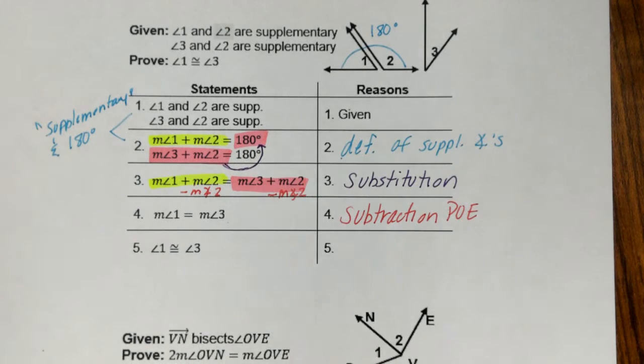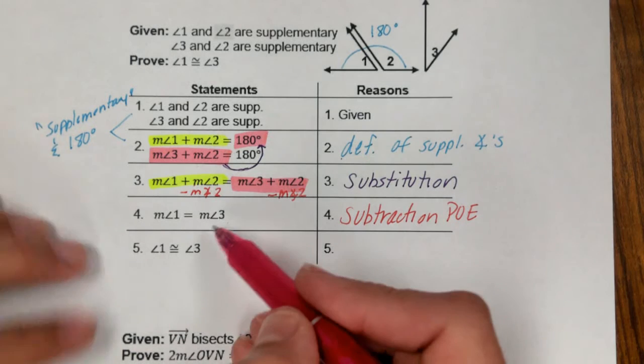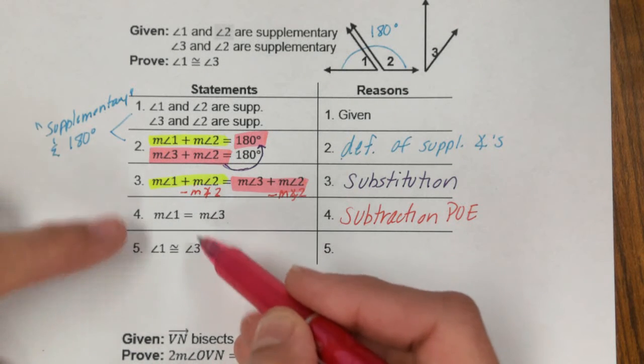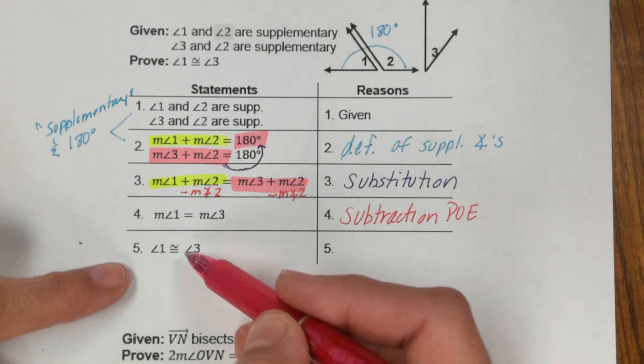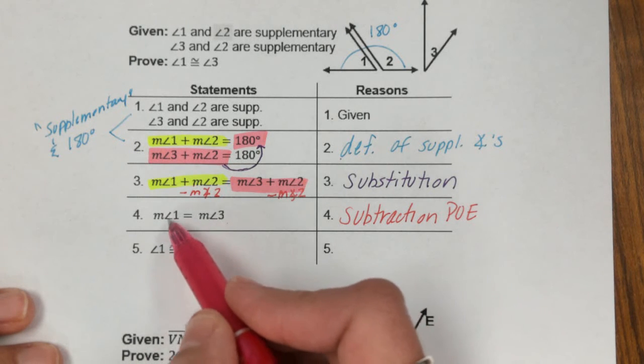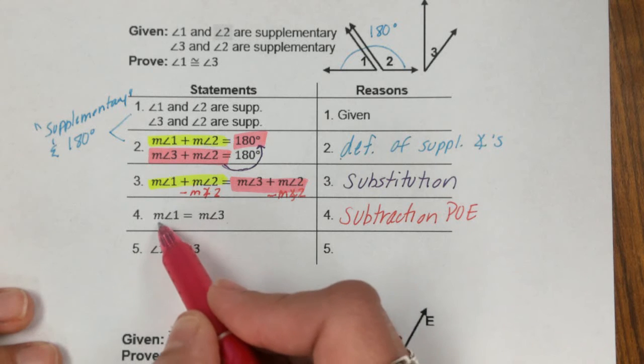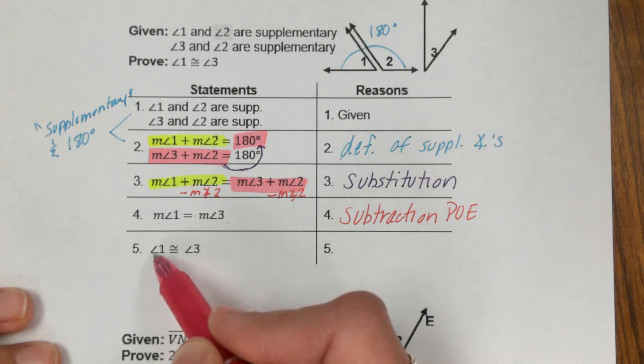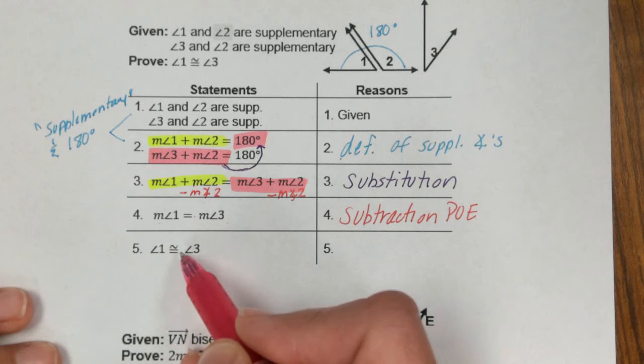So let's talk about going from statement 4 to statement 5 now. When we move from statement 4 to statement 5, what am I noticing is changing between these two? Well, I see here that I have the measurements are equal. I still have the 1 and the 3, but the measurements are equal. We now go to just the angles are congruent.